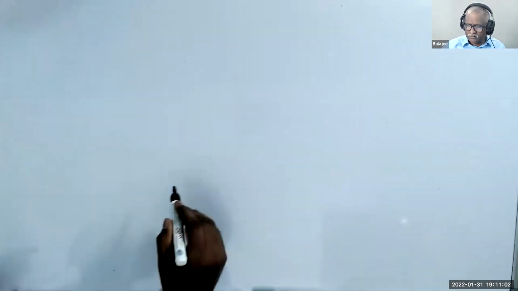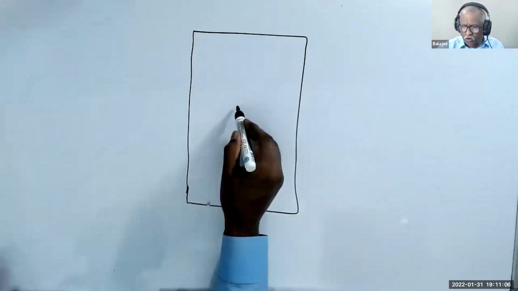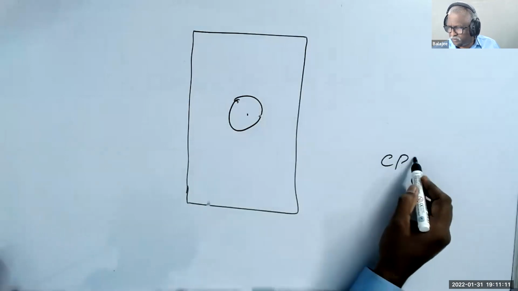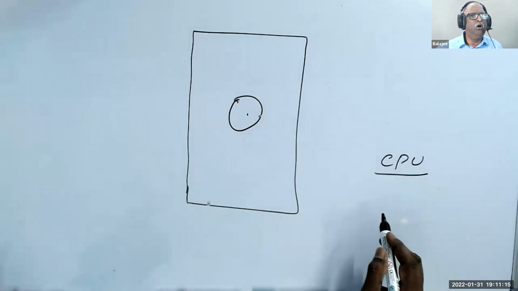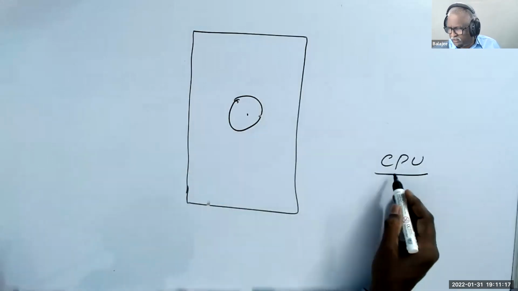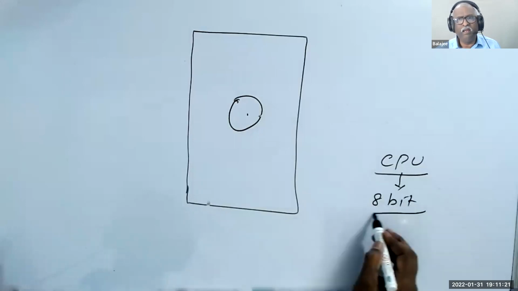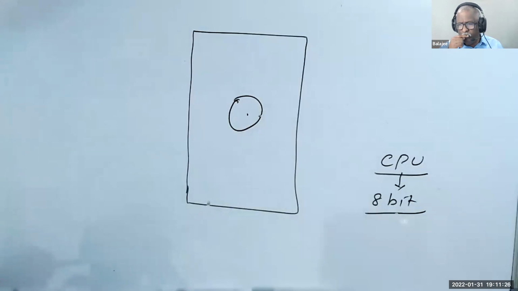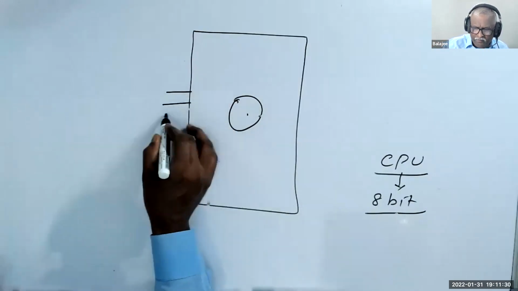The trick is that all the CPUs inside a computer always accept only, oh no, you can have anything, we'll discuss that. The CPUs accept only 8-bit. Please understand, not 1-bit. So this guy can read only 8 pins at a time, not 1 pin.